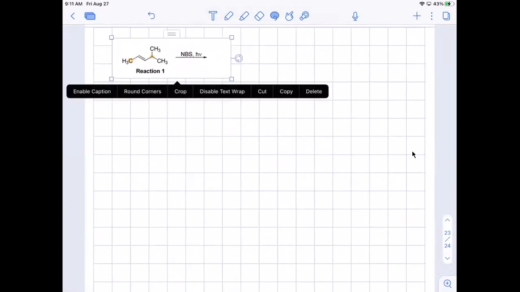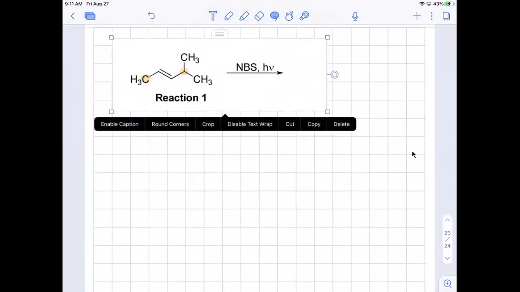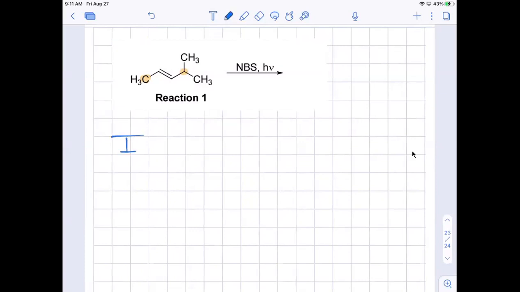So the first step is what? If we're talking about the mechanism now, we're not talking about which products are going to be formed. We're going to go through the mechanism to show all that. But what's the first step in any radical mechanism? Initiation. Right.